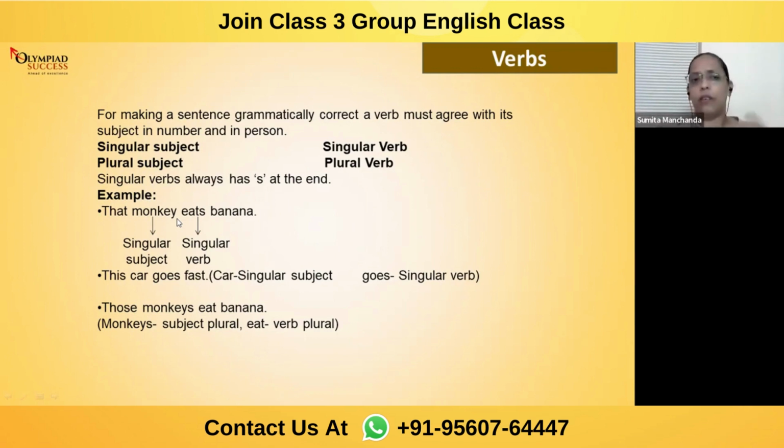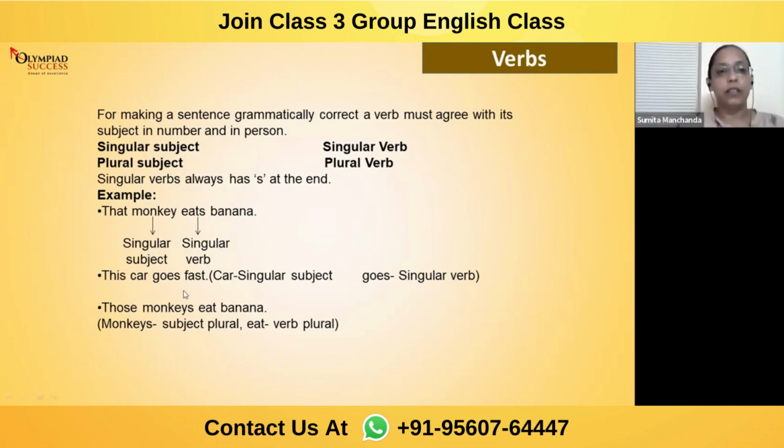You're not liking the sentence the way it has been said. So ultimately it's a wrong sentence. When I want to make the sentence correct, I may say "the monkey eats banana." So nicely the sentence is coming up. Now in this one, monkey is a singular subject and eats is a singular verb.